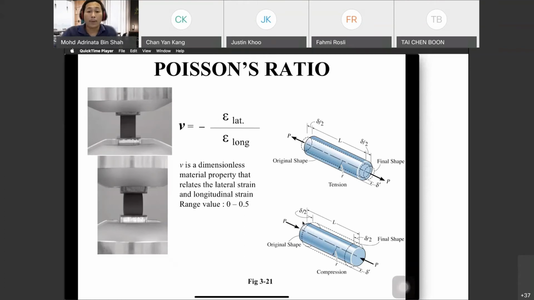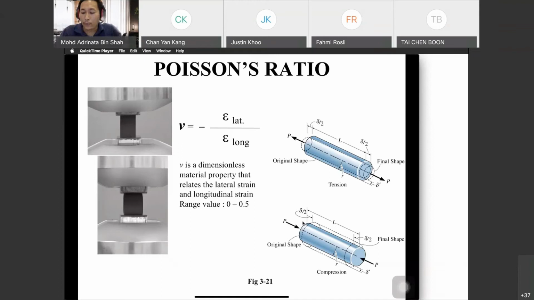Now we go to Poisson's ratio. Poisson's ratio is about the strain. Okay, from the strain.